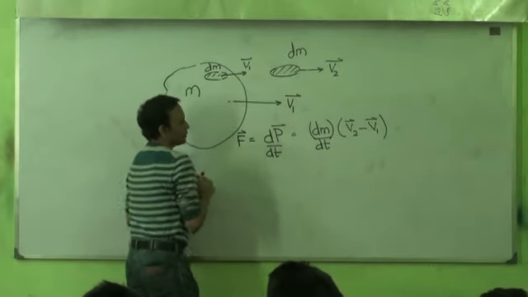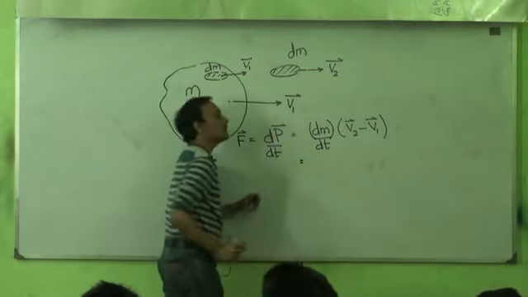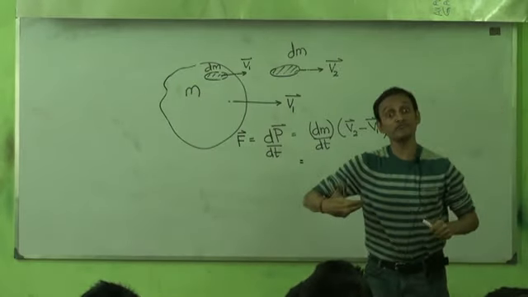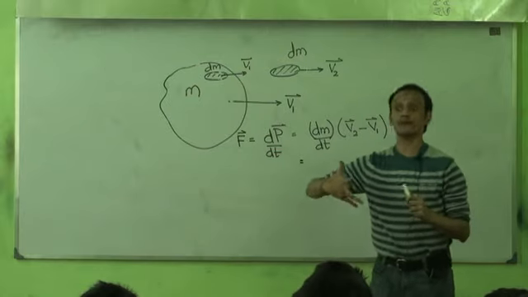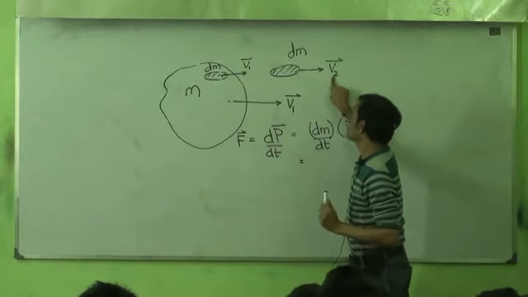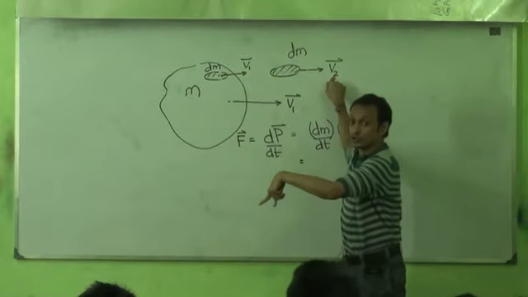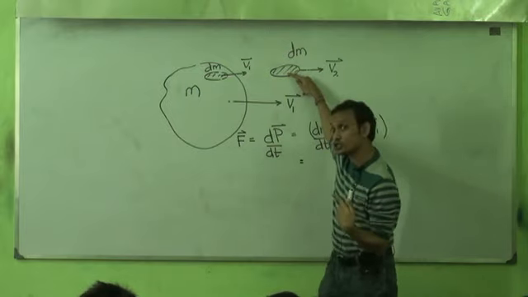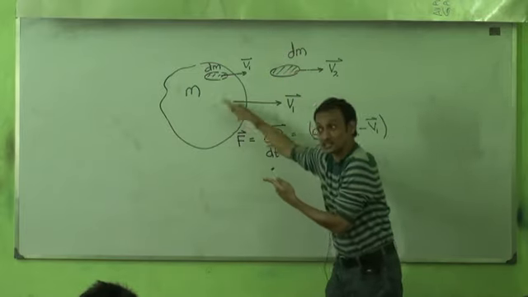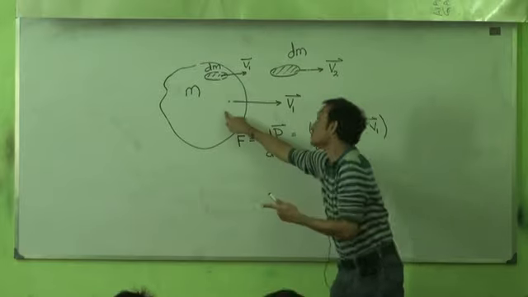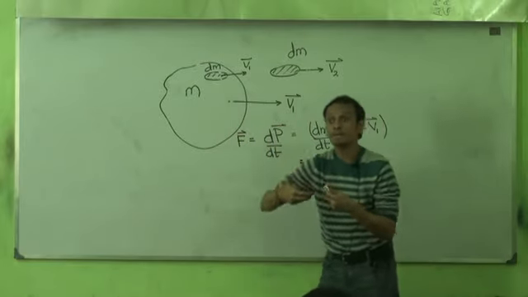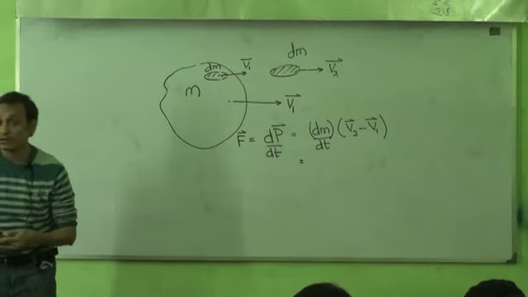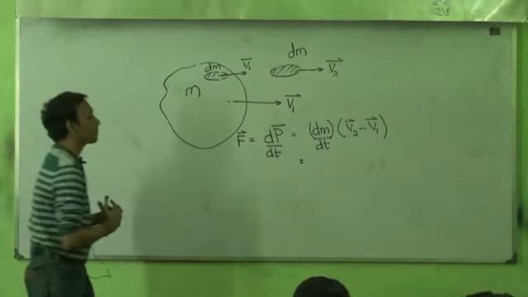So, one thing, this v2 minus v1 is what? The relative velocity of expulsion with respect to the system. This is the velocity of expulsion. This is the velocity of the system. v2 minus v1, velocity of dm minus velocity of m, is going to be the relative velocity of expulsion with respect to the system.